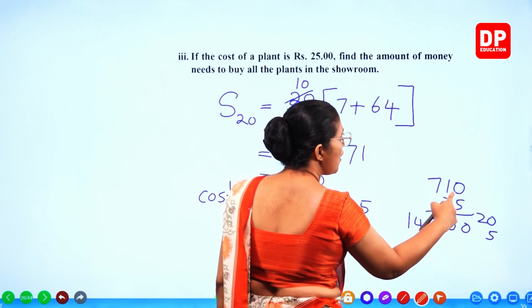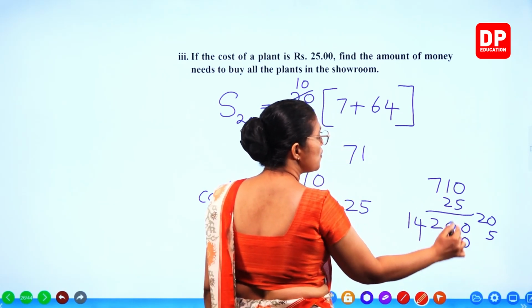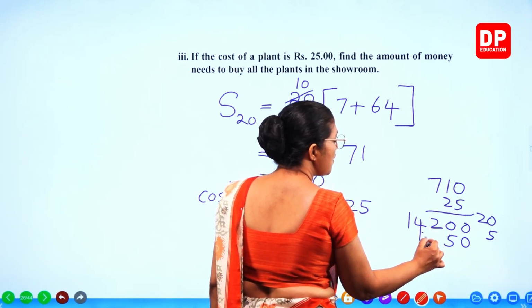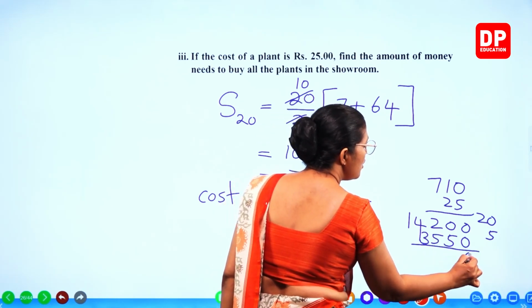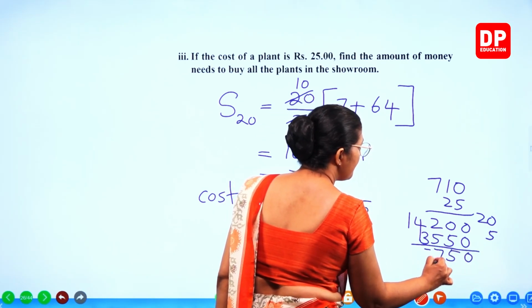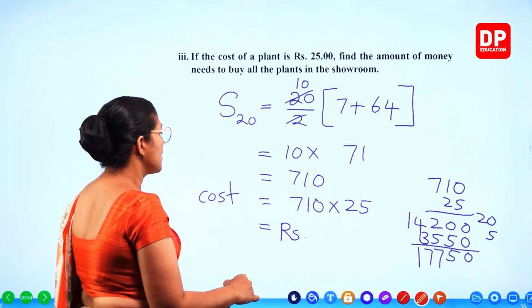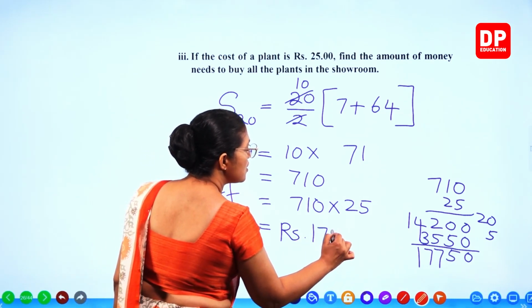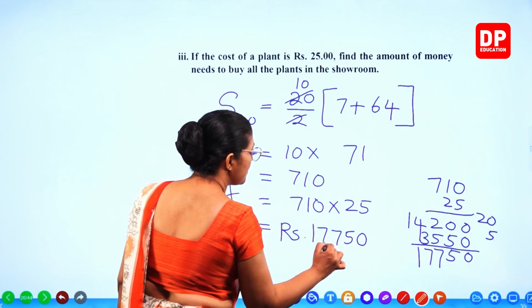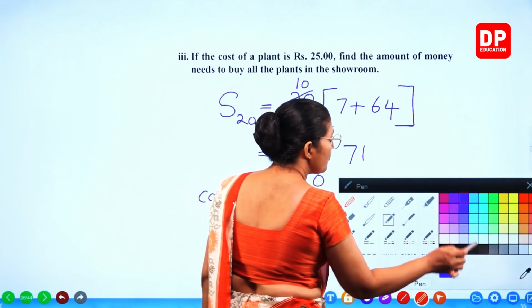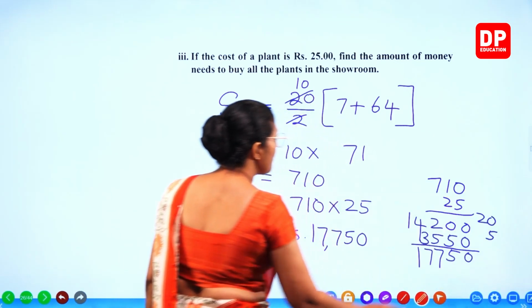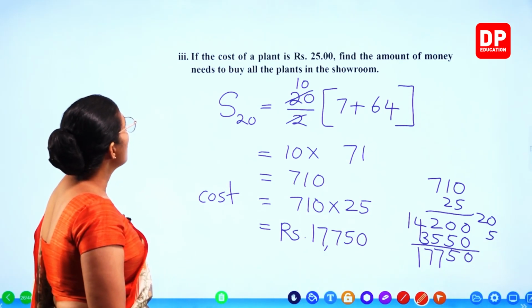That's 14. 5 times 0, 0. 5 times 1, 5. 5 times 7, 35. When you add it, you get 17,750 rupees. So that's the total cost.